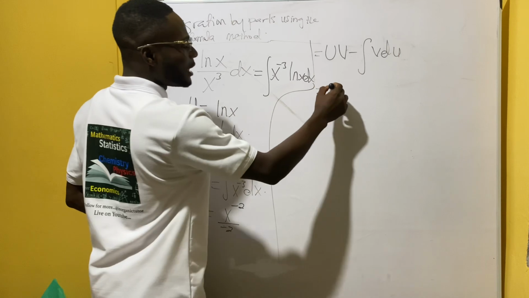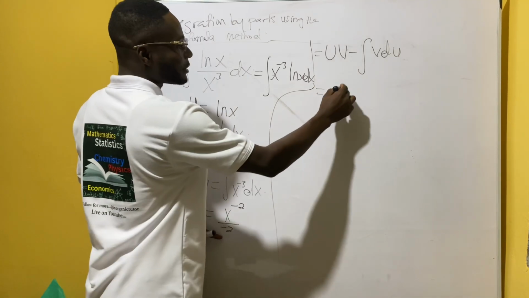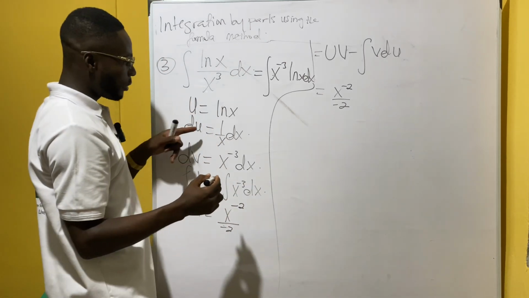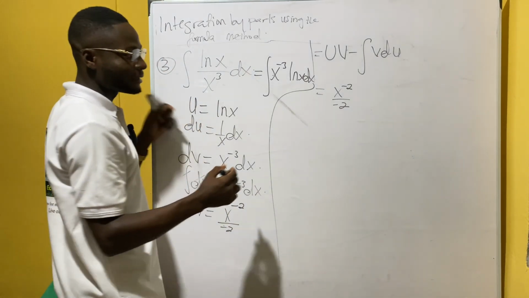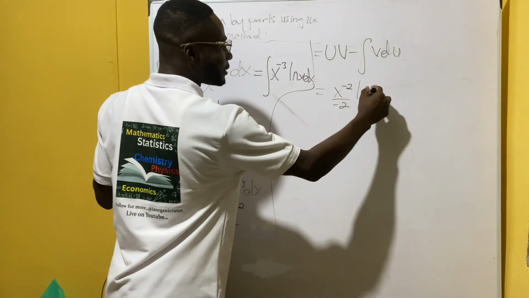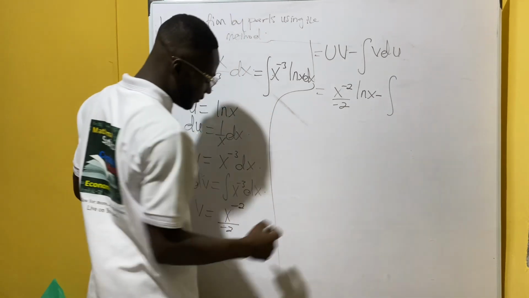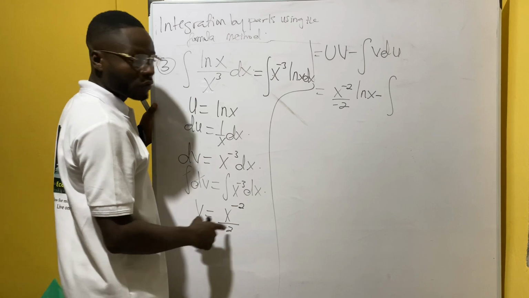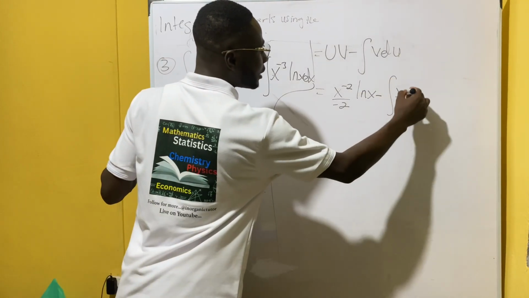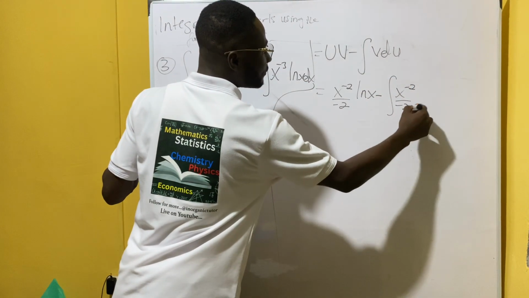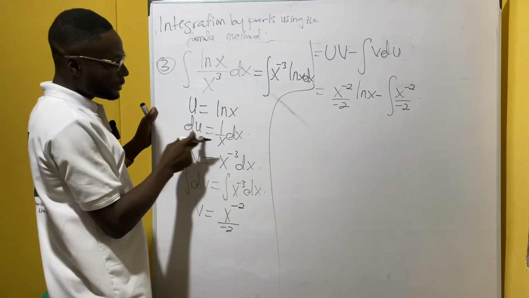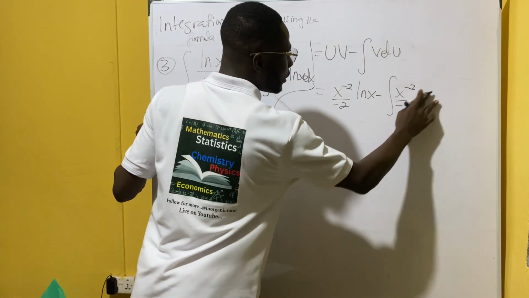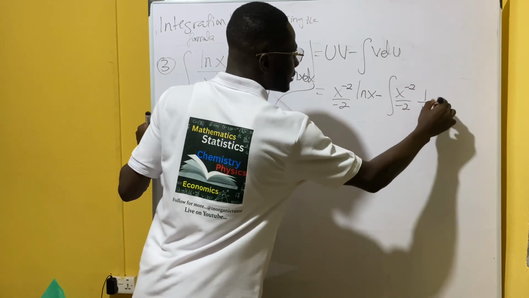So we have x power negative 2 all on negative 2. Then our u right here is ln x. So we have ln x here minus the integral of the v, which is x power negative 2 all on negative 2, times our du, which is 1 on x dx.